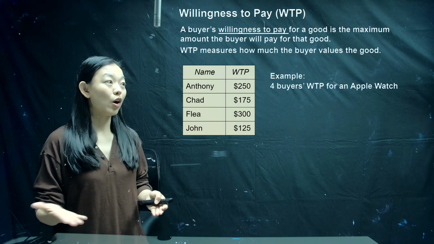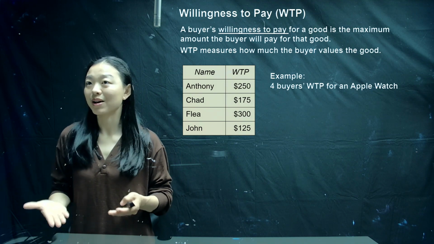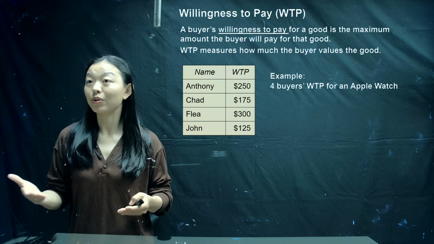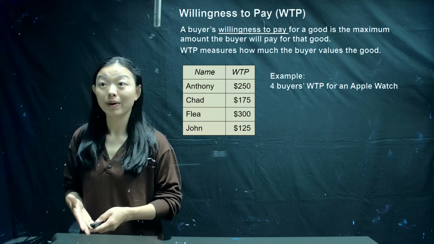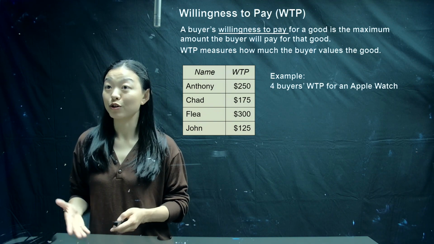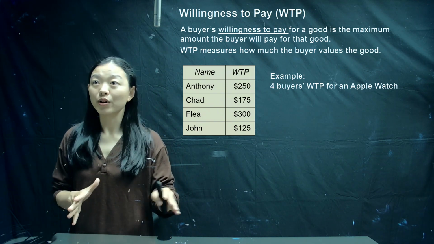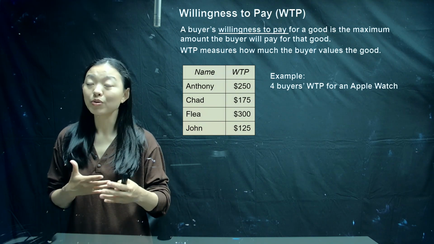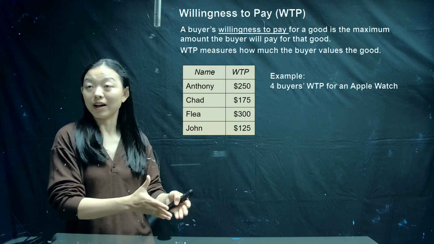For Chad, he would only like to pay maybe $175. For Flea, his willingness to pay is $300 for an Apple Watch. And for John, his willingness to pay for an Apple Watch is just $125. So you can see willingness to pay varies between different persons, right? People have different valuations of a product.